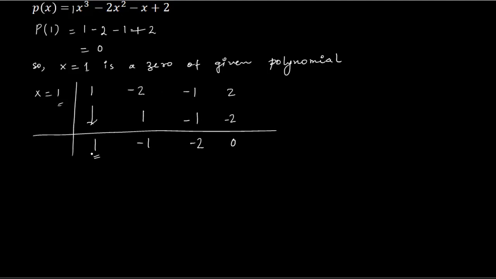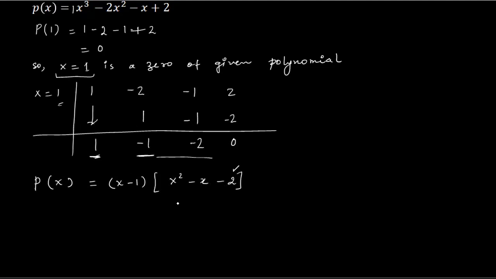Now, this is the coefficient of x square, this is the coefficient of x, this is the constant term. So p(x) can be written as x minus 1, since 1 is a zero. So x minus 1 is a factor of this polynomial, into x square minus x minus 2. Now we split this quadratic equation by using middle term splitting.